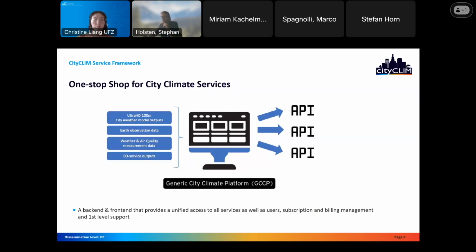This will be a subscription-based service, but many possibilities of defining this API are possible. It all depends in the end on the wishes and needs of the end user or customer.